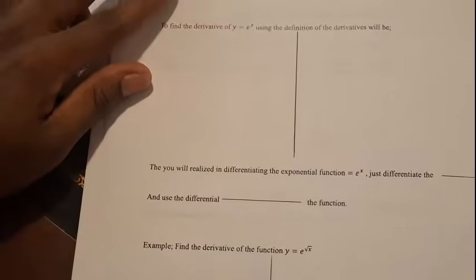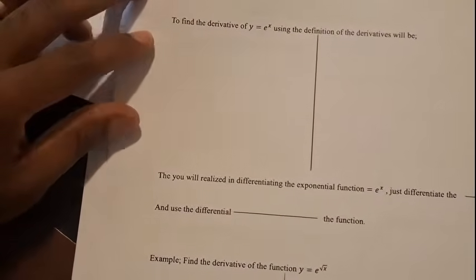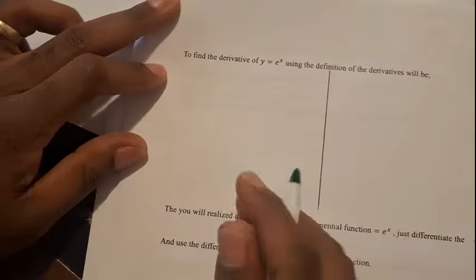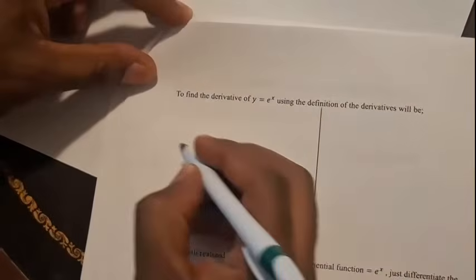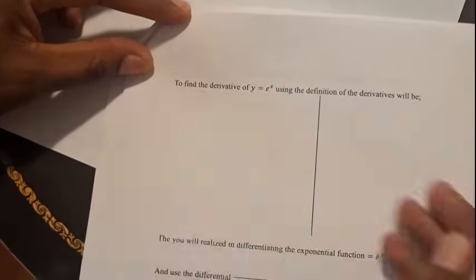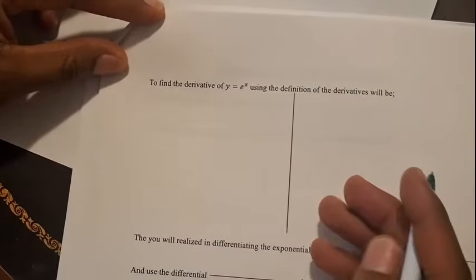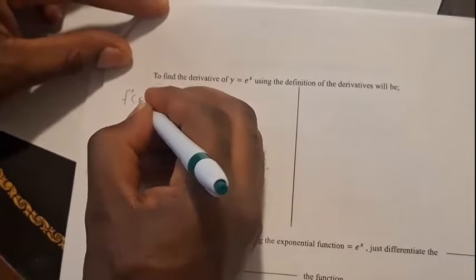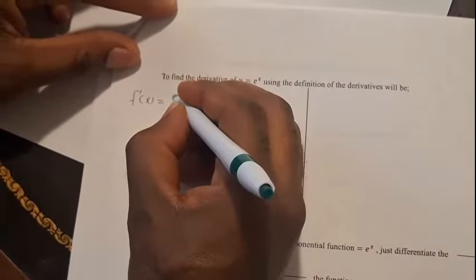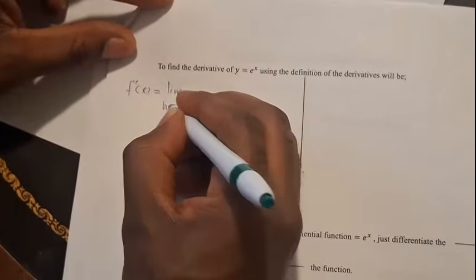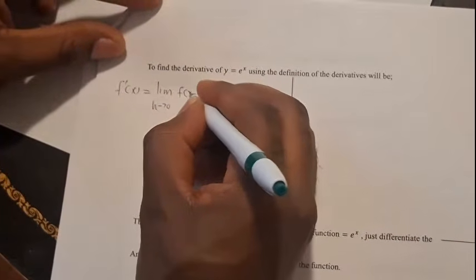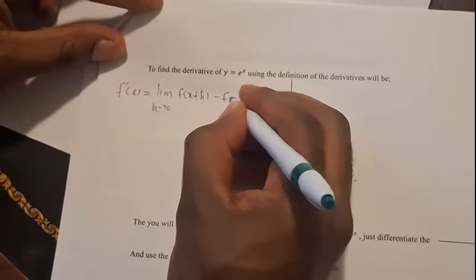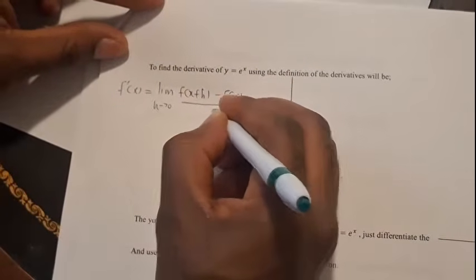We are going to use this concept to find the derivative of an exponential function e exponent x using the definition of derivatives. So from the definition of derivative, we said that if we have a function y is equal to f of x, then f prime of x will be equal to the limit as h approaches 0 of f of x plus h minus f of x all over h.